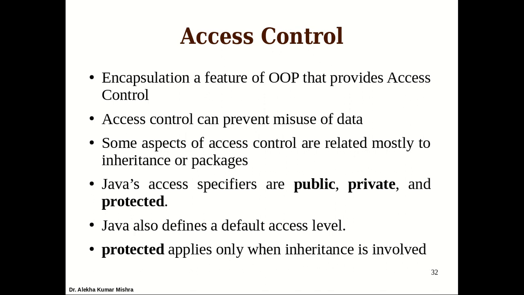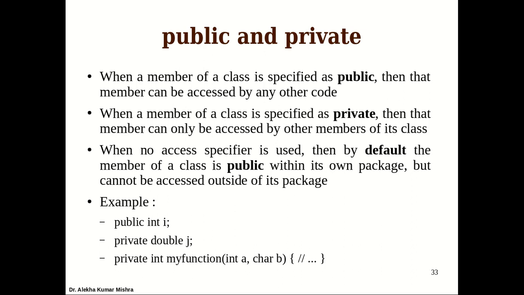Java also defines a default access level. Along with public, private, and protected, default is not directly equal to them. It is a little bit different from the default access specifier in classes of other object-oriented programming languages. First, when a member of a class is public, then the member can be accessed by any other code, meaning anything outside the class.